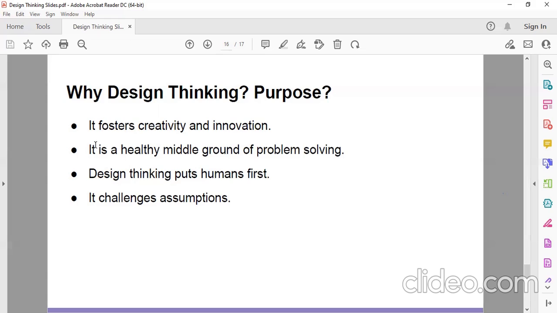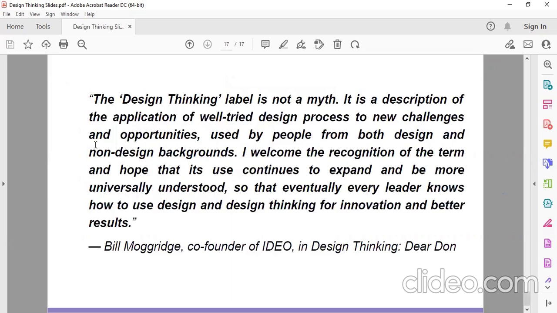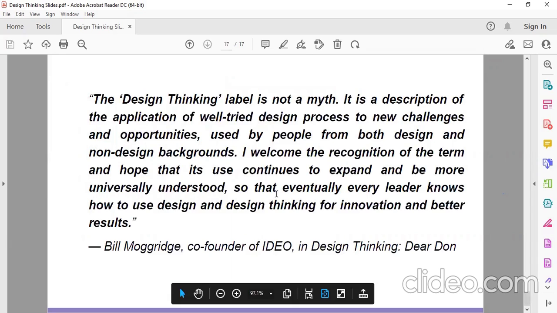It combines the investigations with the analysis, right? With the scientific method. So it's both a science as well as an art. So those are the things that I wanted to discuss about design thinking. So this is the famous quote on design thinking.